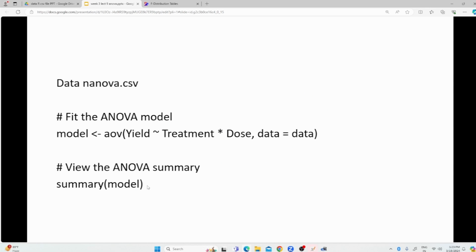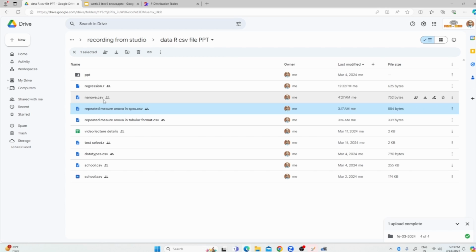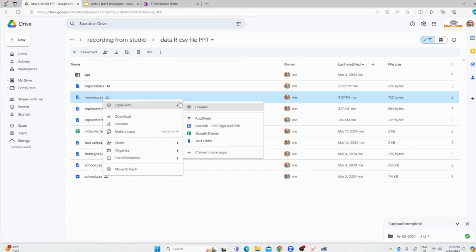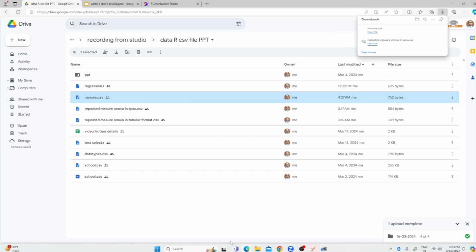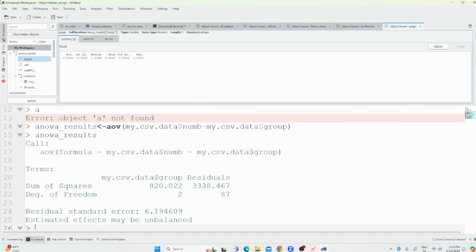Okay. So, this is the file we will use. Let's try it out. Download it again. Once it is downloaded, we read it.